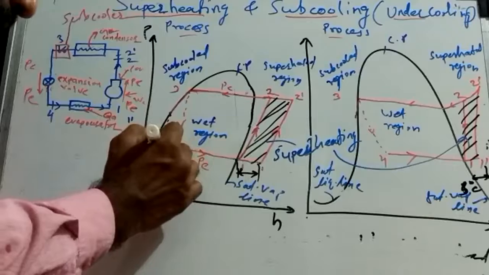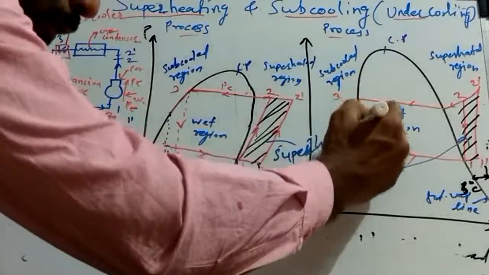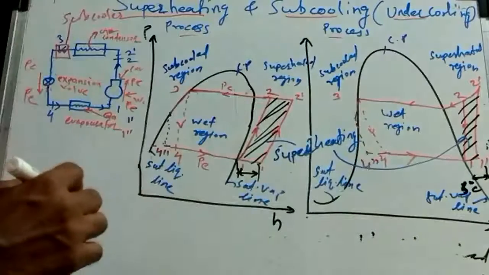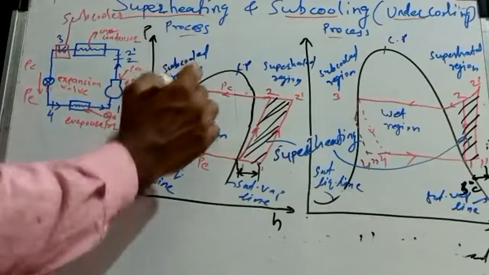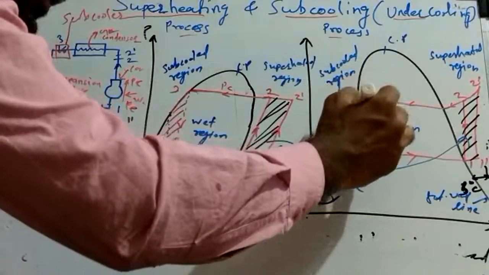You can see here 4 double dash, right? If you plot this process here, it will be 4 double dash. That is the undercooling or subcooling process.